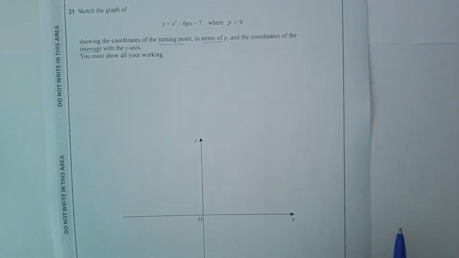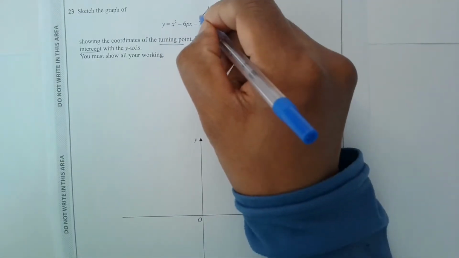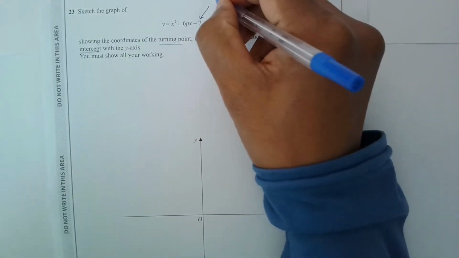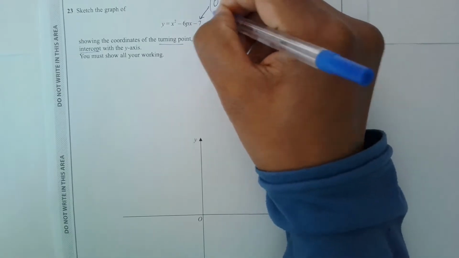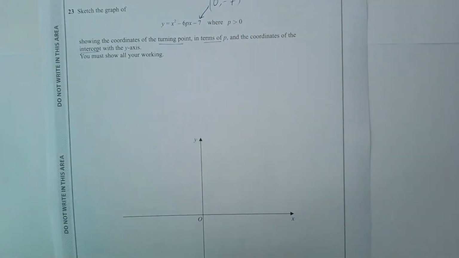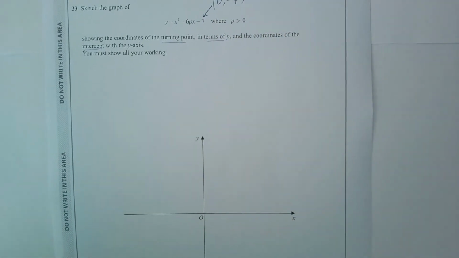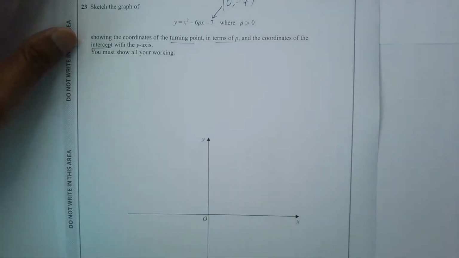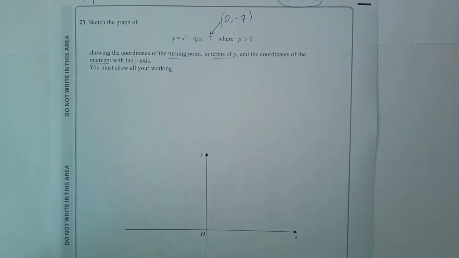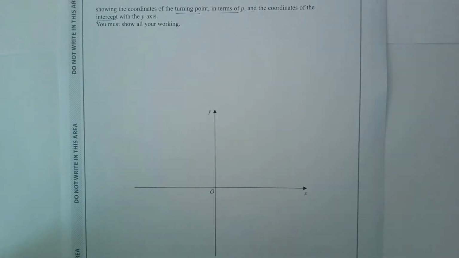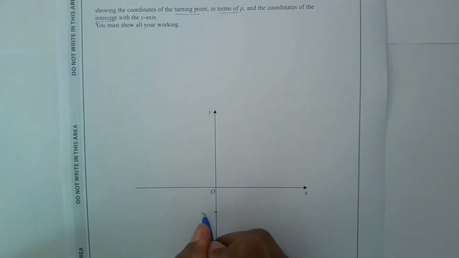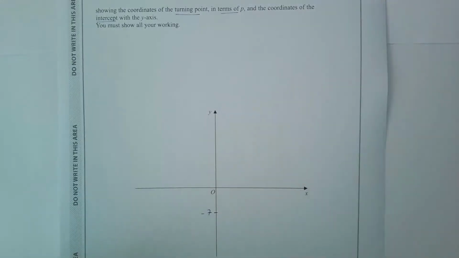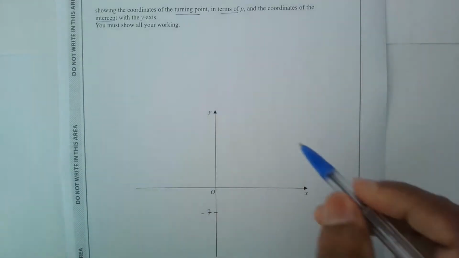From the last question, this is our y-intercept, 0, minus 7, so that's quite straightforward. On our graph I can put here minus 7. That's where my quadratic will go through.